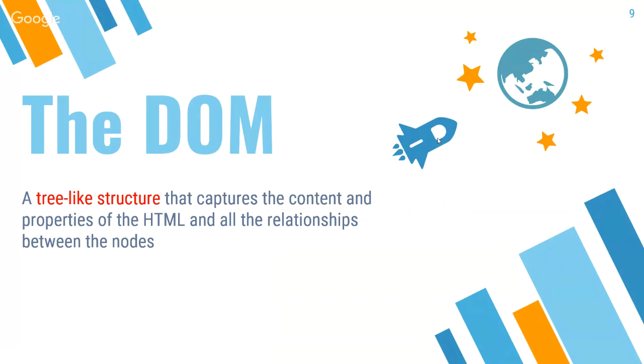So what that means is that all the HTML elements that we write in the HTML file can be accessed in the DOM. So the DOM is a big object that has properties which include all the HTML we have written in tags converted to properties. So all the relationships between the nodes.